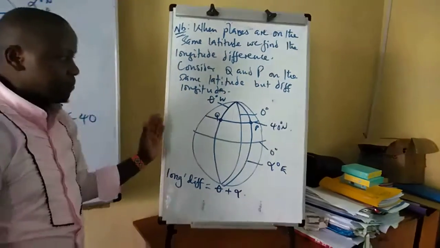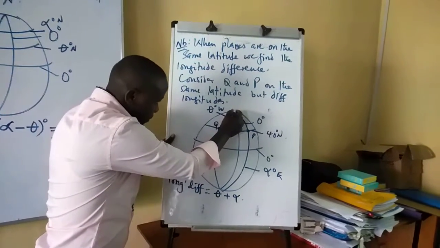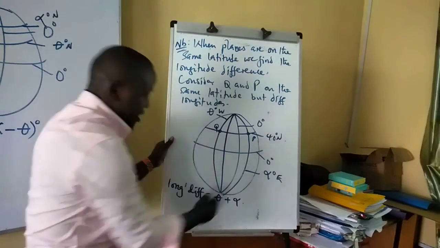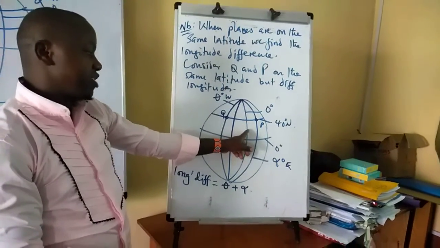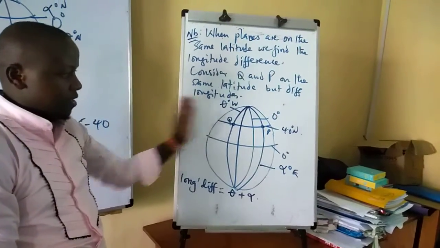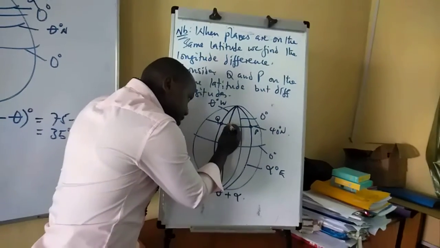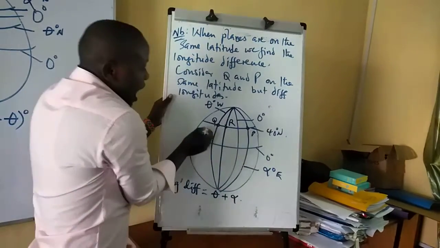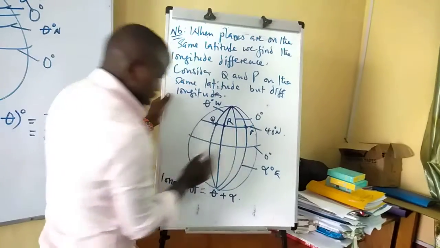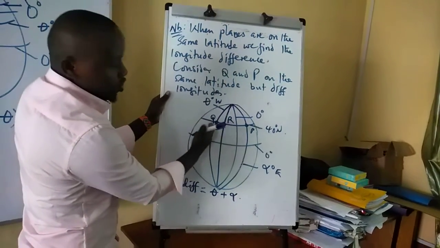If they were on the same side, for example, if the prime meridian is here, but two places on the same side, like Q, and this one is R, we can say they are on the same latitude, but different longitudes.